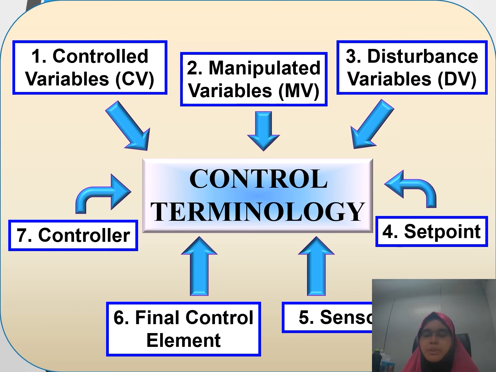For example, in a bioreactor, in a fermenter, you have something like dissolved oxygen. So just choose your final control element correctly. Not everything has to be a control valve. It can be something else. You can refer more to your supervisor.